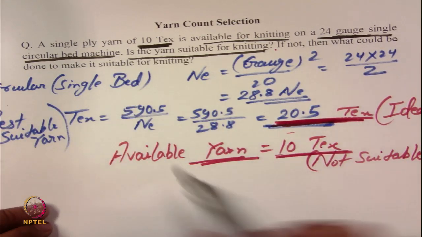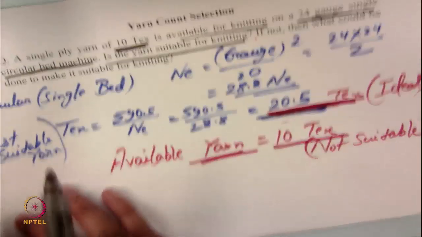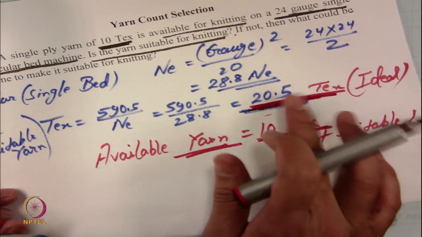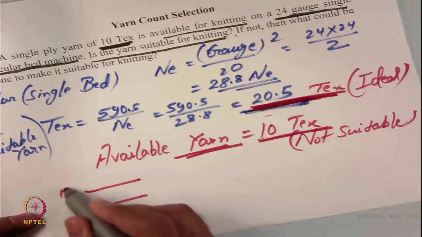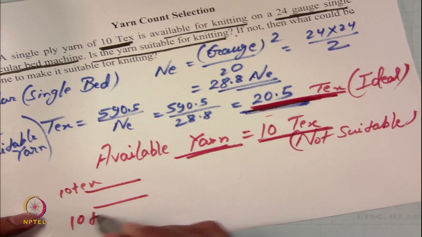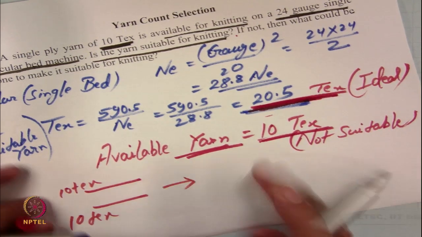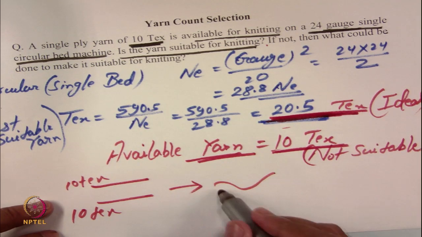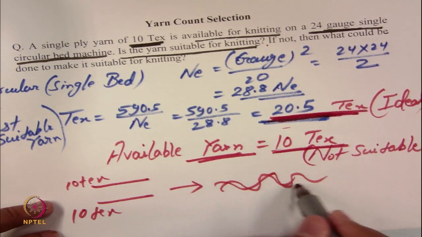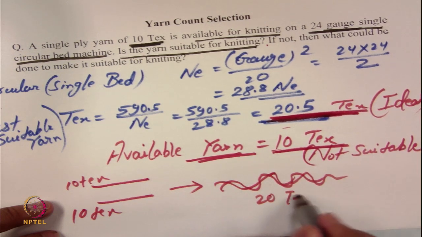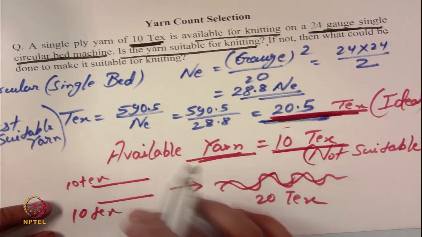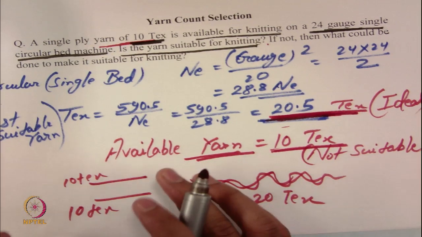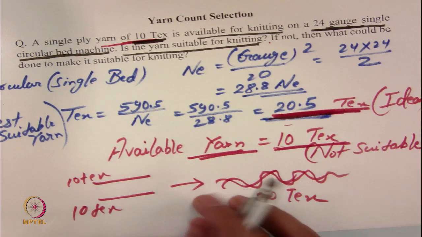What process we can do is, if it is 10 tex, we can combine these yarns to make it 20 tex. With the help of spinning, we can make the plying of these two yarns and make it 20 tex. Whatever yarn is present to us, we can take 2 bobbins of this yarn and make a double ply yarn.